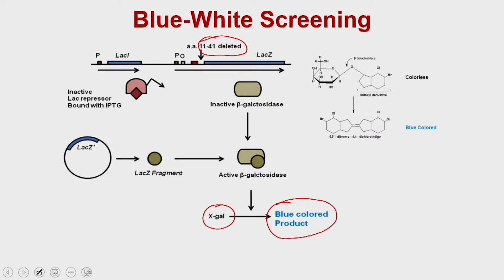Whereas, if you clone a gene into the alpha peptide, the alpha peptide is not going to complement the LacZ.